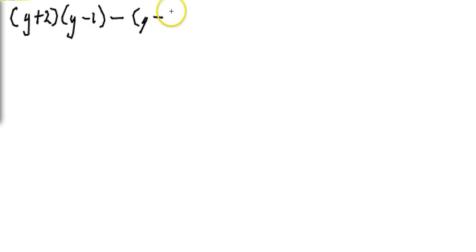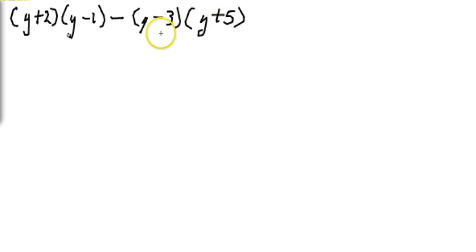Actually, before we look at special products, let's just do one more example where we're going to have a couple of binomials multiplied together and then another couple. So I want to do something like (y plus 2) times (y minus 1) minus (y minus 3) times (y plus 5). So how are we going to handle this?